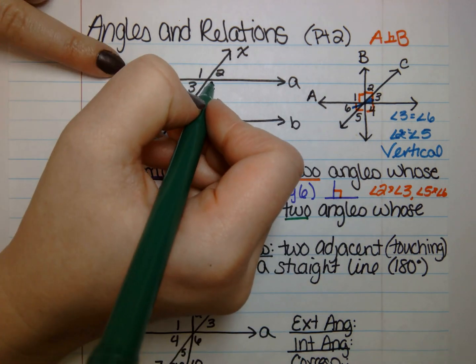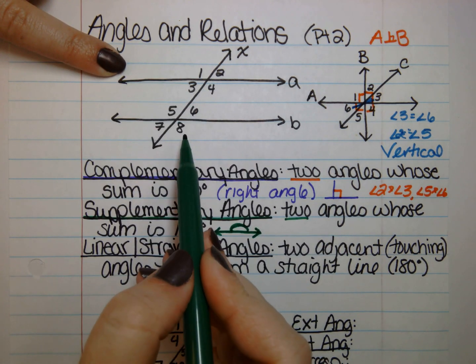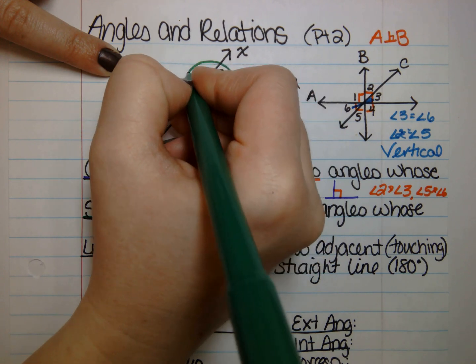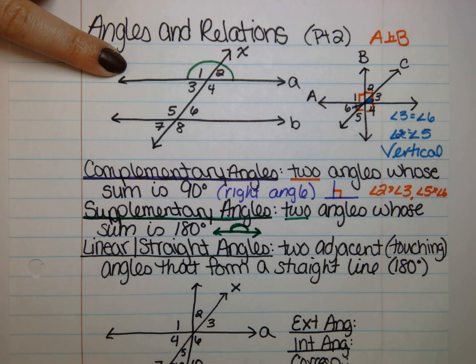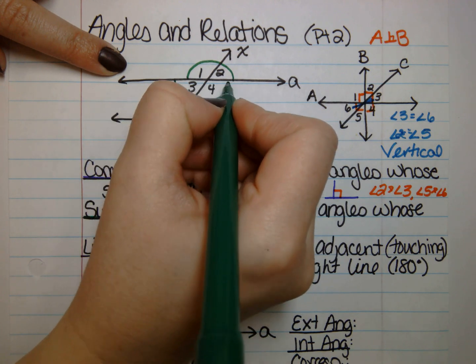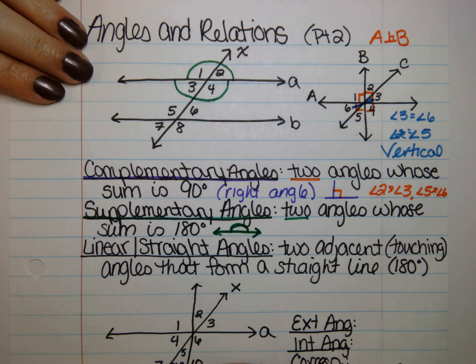Up here in the diagram from the previous lesson, I can draw a half circle over 1 and 2, so I know that 1 and 2 are supplementary angles. I could also draw a half circle between 3 and 4, so those would be supplementary angles.